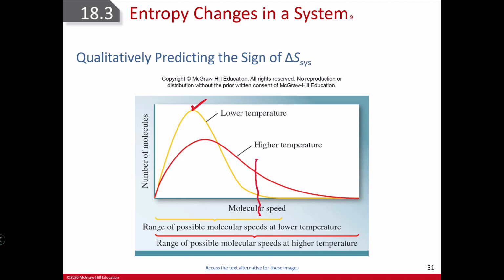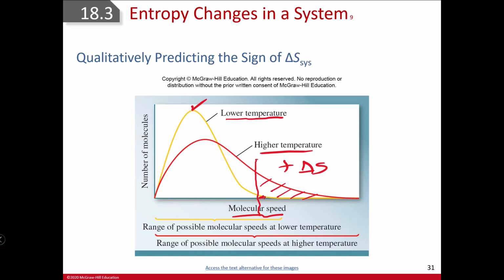And what you see is very little of what's under the yellow curve at lower temperature has that molecular speed. Whereas under the red curve there's much more, there are many more molecules that have higher molecular speeds. So this red one shows a more positive entropy change than the yellow one.